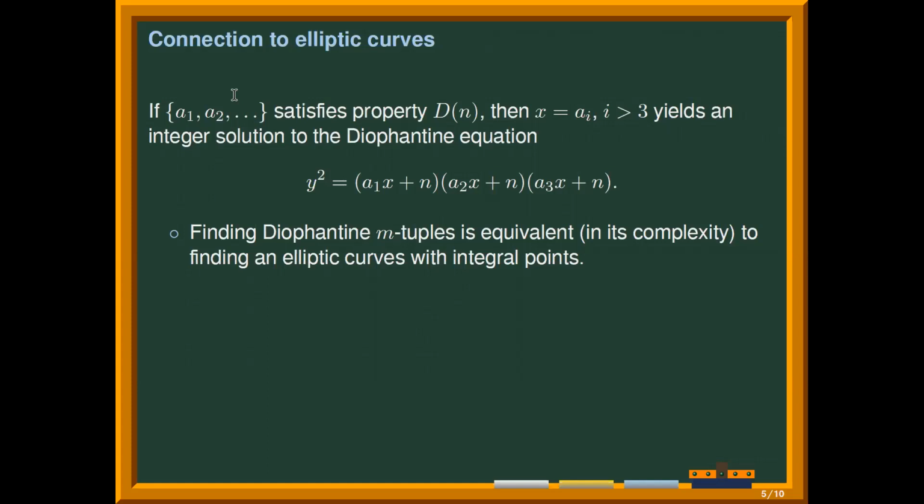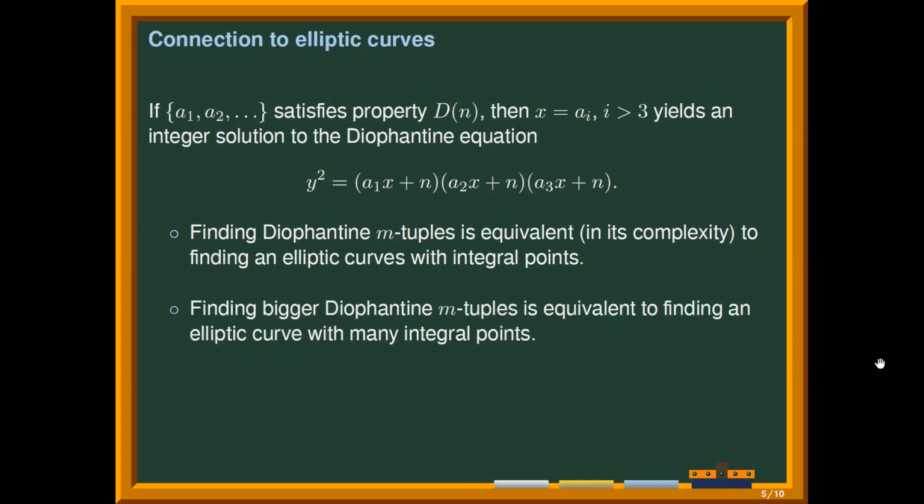So the computational problem should be stated a little differently in order to really claim the equivalence. Okay. Yeah, but in this case, equivalent is meant in a very rough sense. I didn't intend to be so rigorous about this talk. So then you can imagine that finding bigger Diophantine M-tuples is equivalent to finding an elliptic curve with many integral points, right?